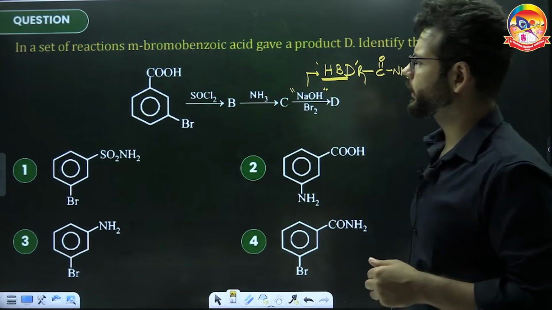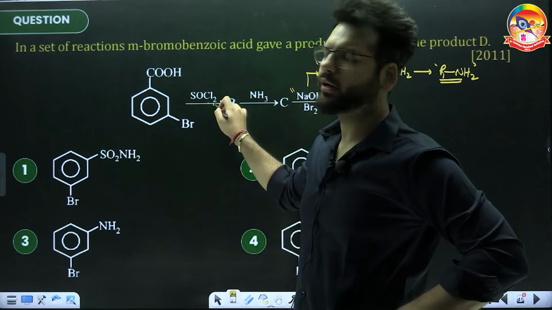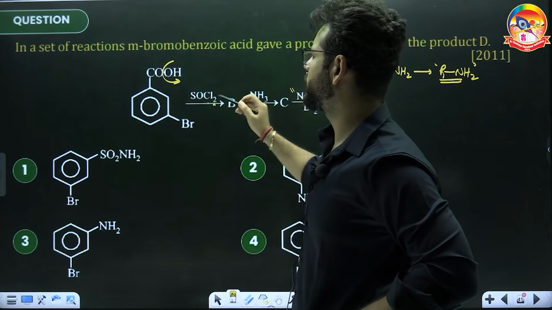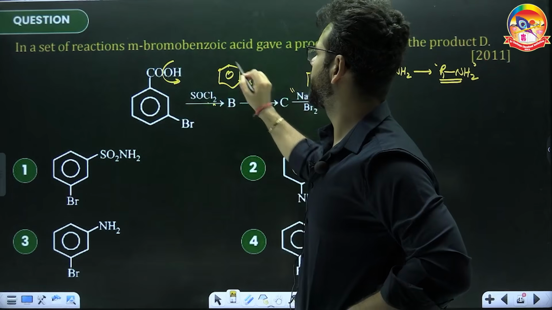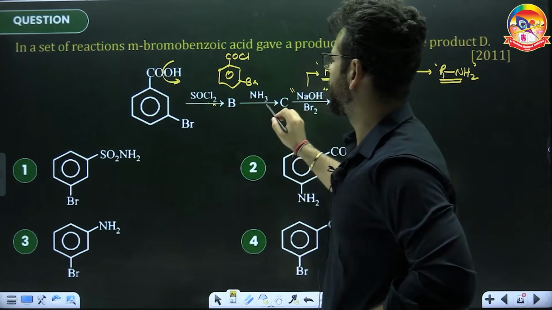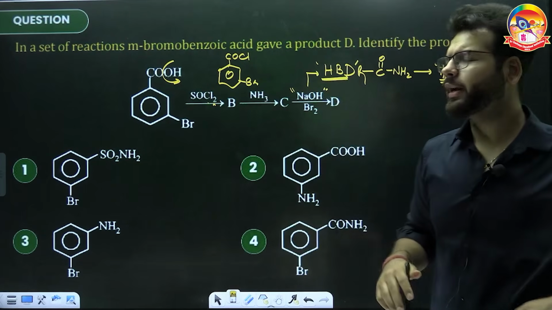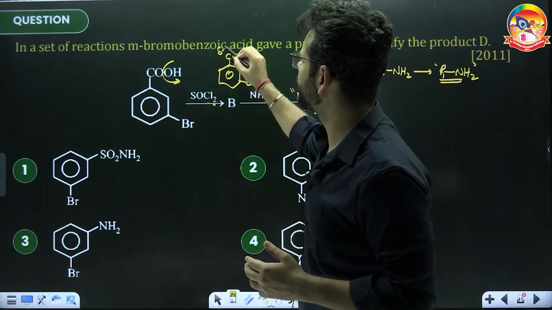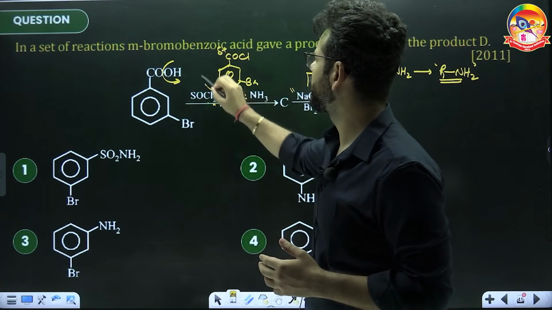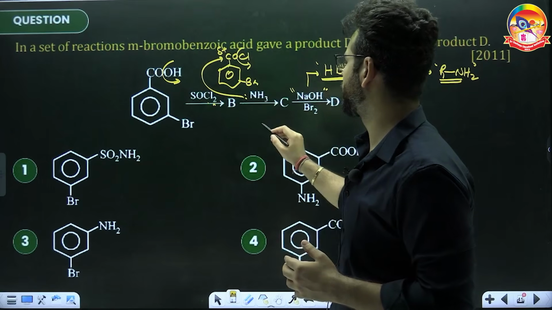Okay, let's look at this reaction now. SOCl2 we have already seen, COOH goes out, COCl will be there. This becomes an acid halide. Ammonia. So you might not have seen this reaction directly in the NCERT, but you can see here this is partial positive carbon and this is a nucleophile. It's a nucleophilic substitution that we are doing here.